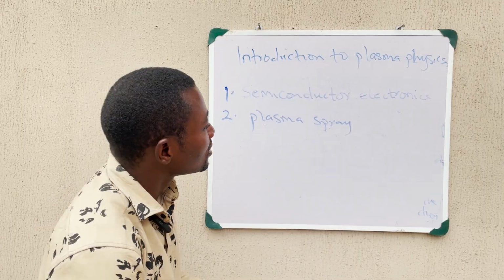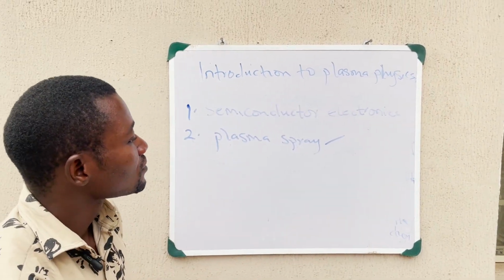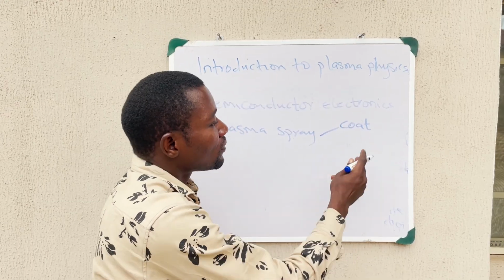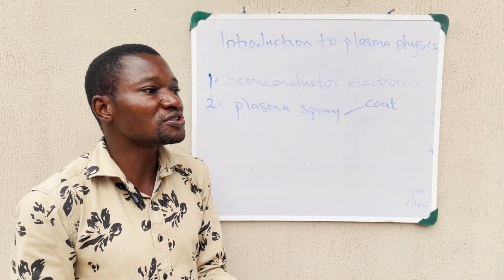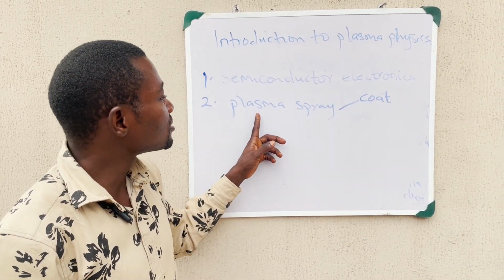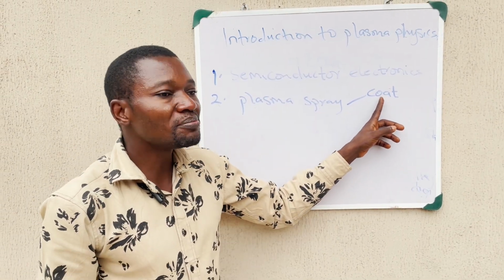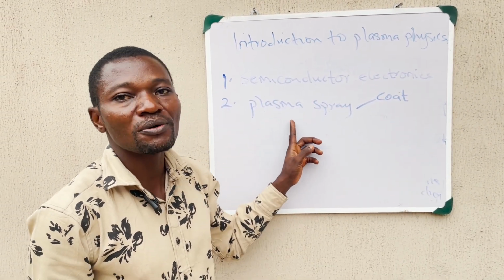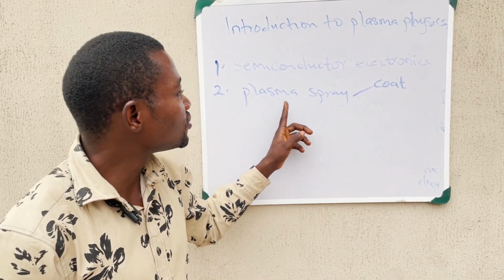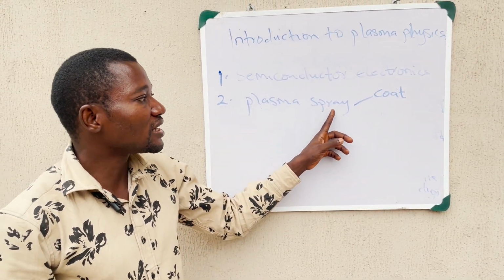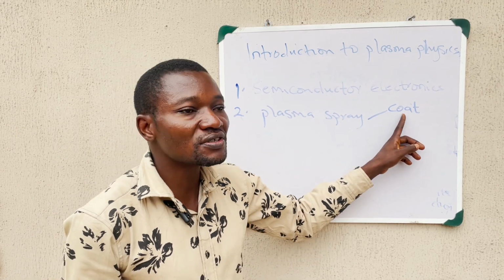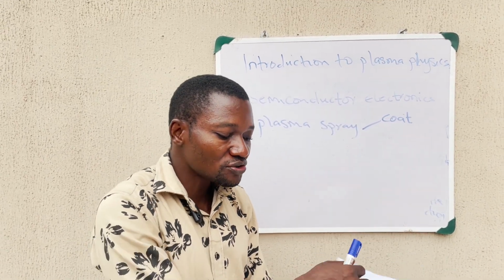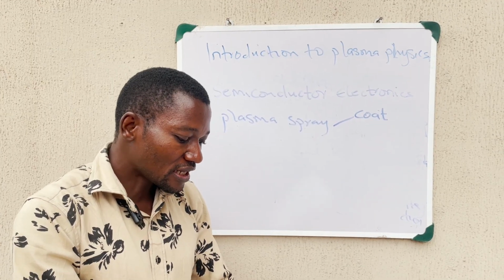Before now, several processes have been used, but it has been found that plasma spray gives a better result. Even the car, the automobile, is being sprayed using plasma spray, and a good result has been gotten as compared to other processes that have been used before now.